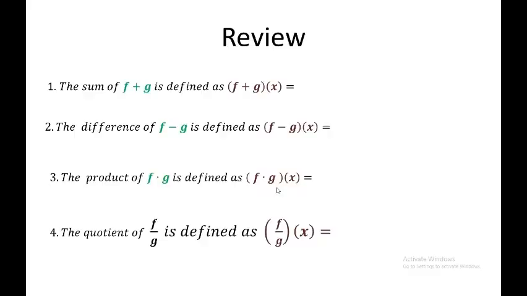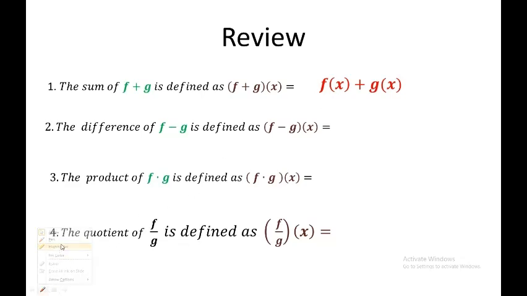Now, before we end our lesson, let us first review our functions. How are we going to do the operations on functions? Number one, the sum of the two functions f and g. If we have f plus g of x, that is equivalent to f of x plus g of x.